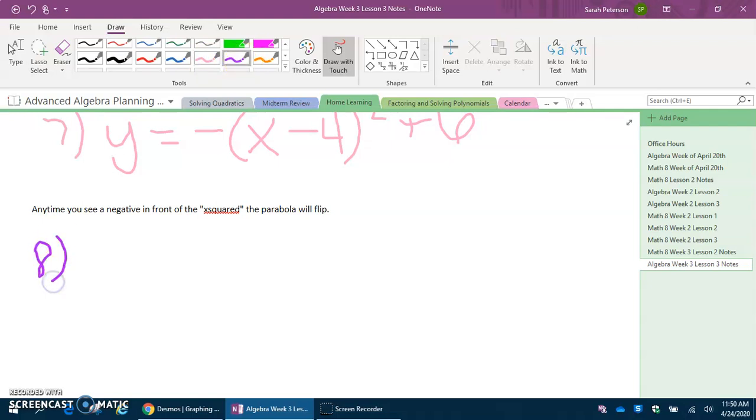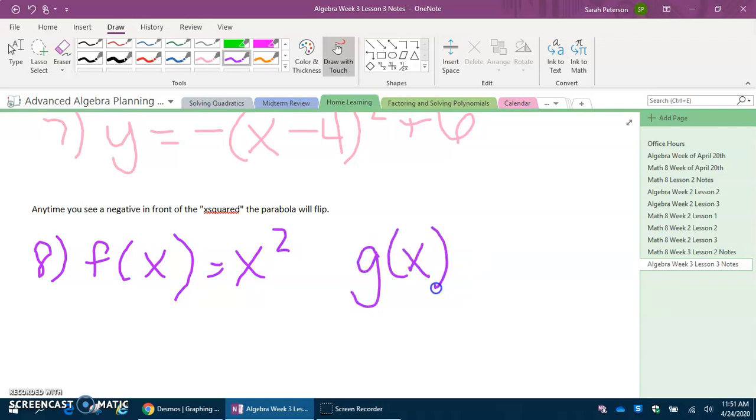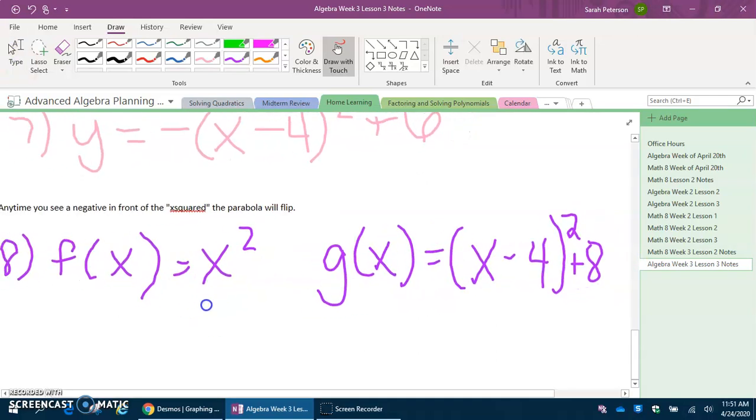Example 8. So I'm going to give you f of x equals x squared, and I will give you g of x equals x minus 4 squared plus 8. And I hope you can see that a little bit.